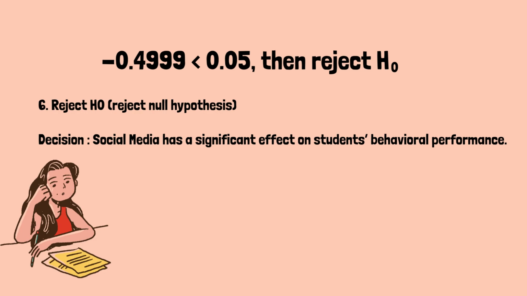Therefore, our decision is social media has a significant effect on students' behavioral performance. Okay, so ayan. Ganito po tayo gumawa ng ating z-test. Ayan, ganyan gagamitin ninyo kapag kayo ay descriptive correlational.